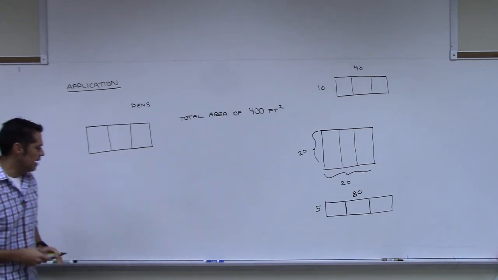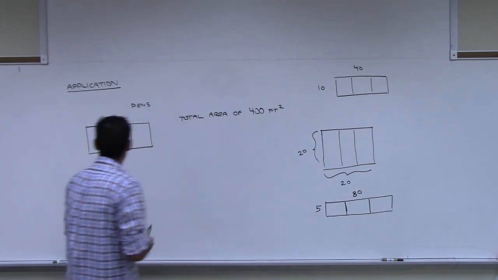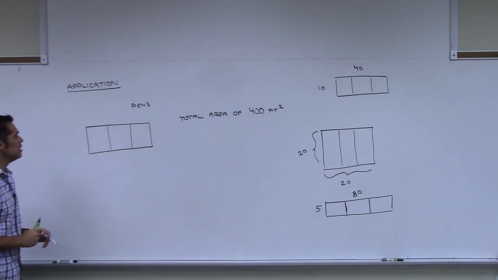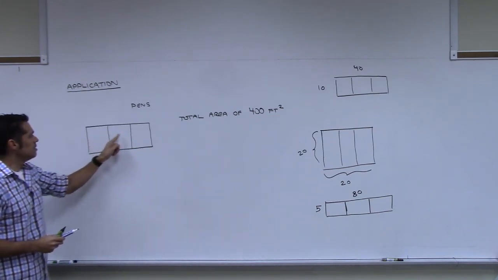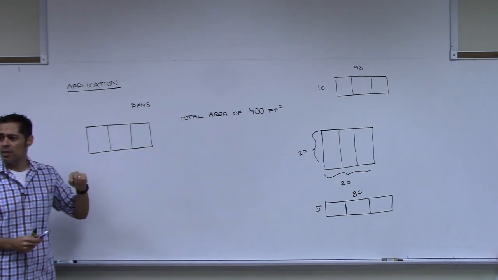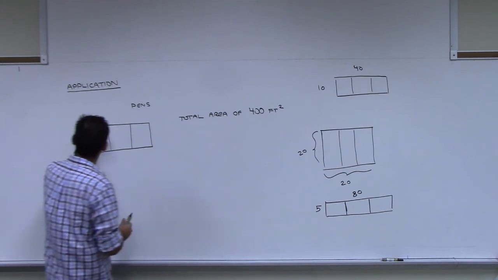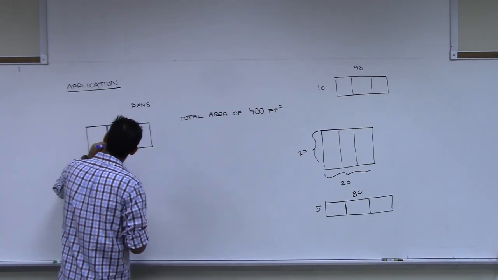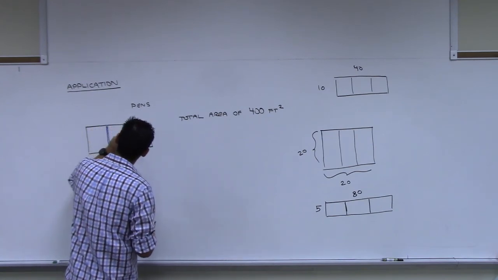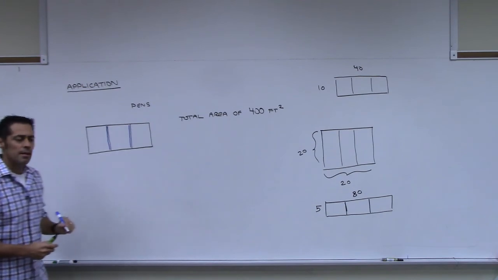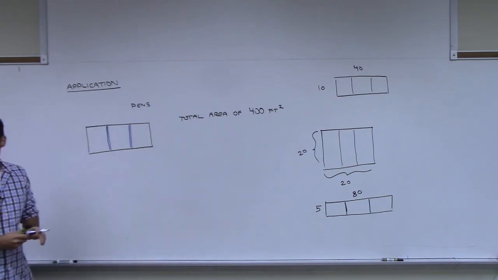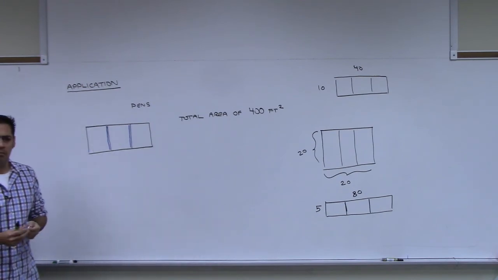But here's the catch. When I build this fence, I actually want the animals to not be able to see each other because they'll start fighting or something like that, right? So these walls right here, these have to be solid walls, all right? Everything else can be chain link fence. With me?